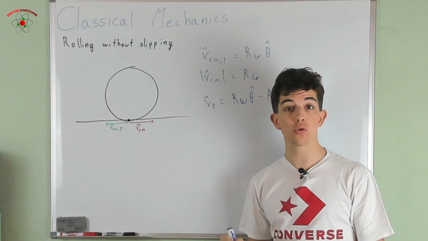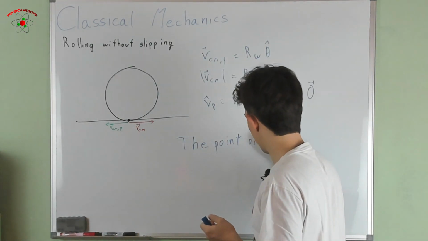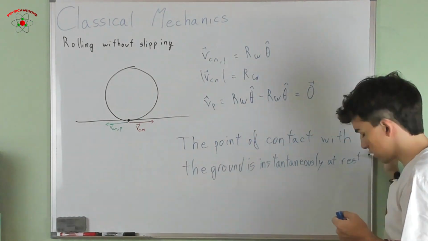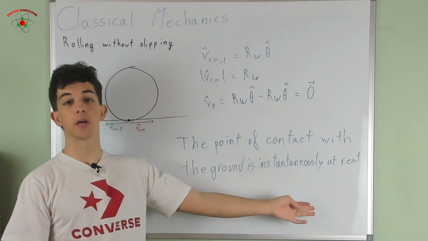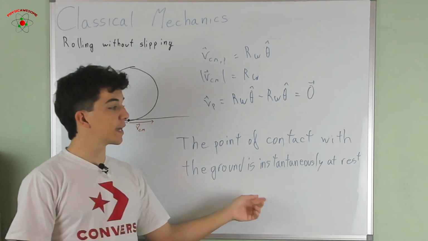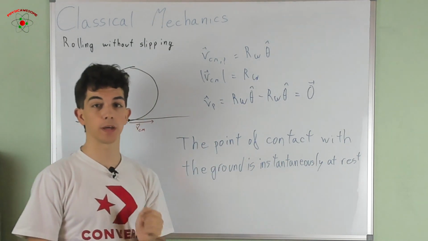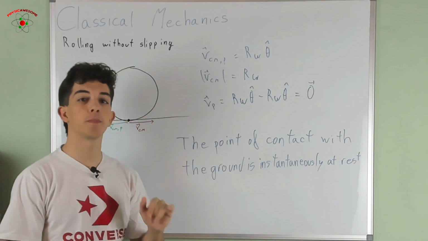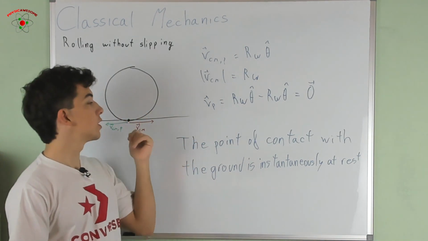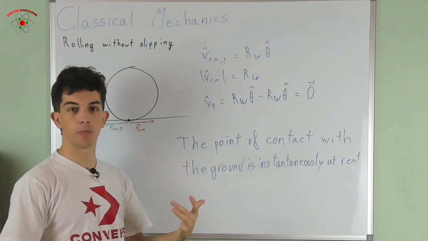This makes us conclude that the point of contact with the ground is instantaneously at rest when we are rolling without slipping. And this will be a very important fact that will allow us to analyze this problem properly.